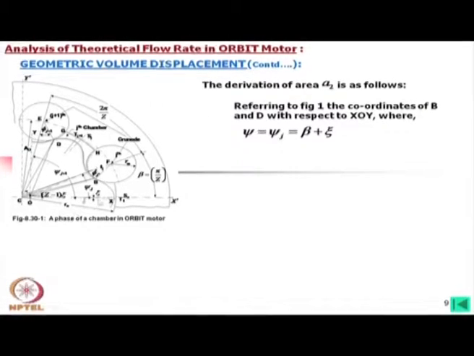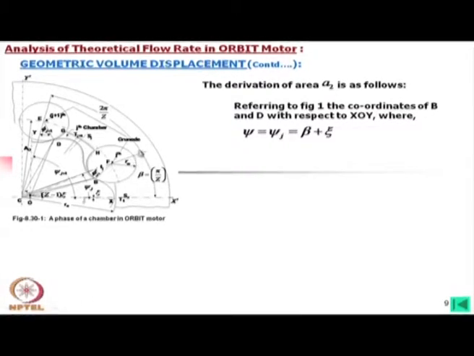You just look at this. This angle indicates the shaft rotation, whereas this angle is with respect to the original development of the profile. Now, what you can find, for the generation we take for the jth chamber, psi j is equal to beta. Beta is in this case pi by z.